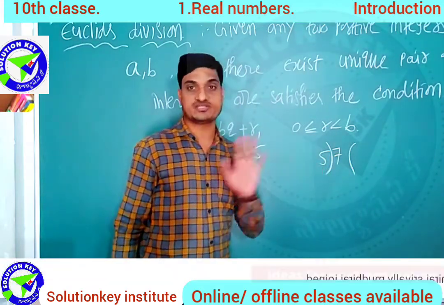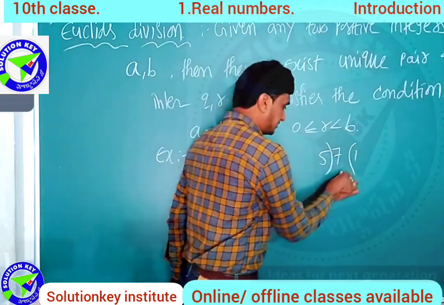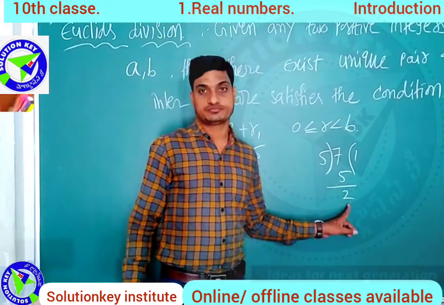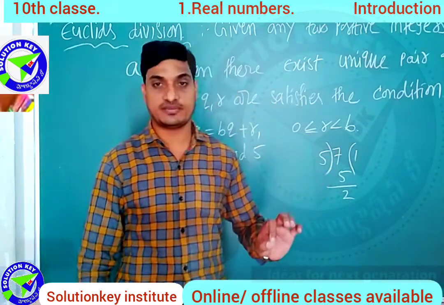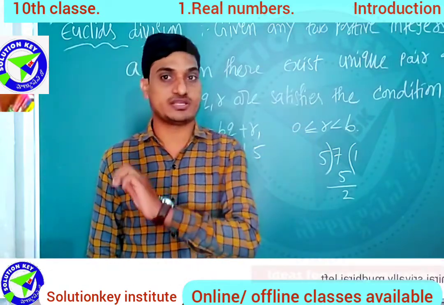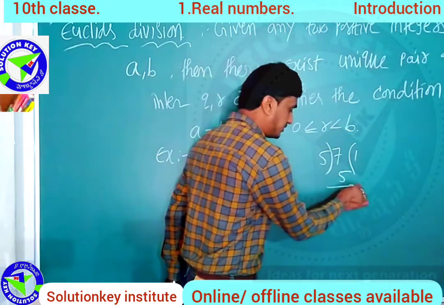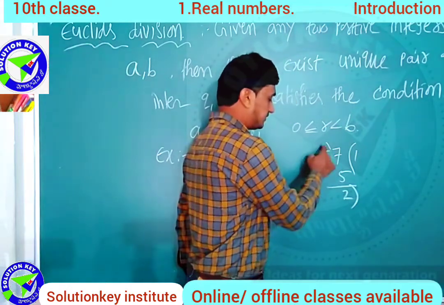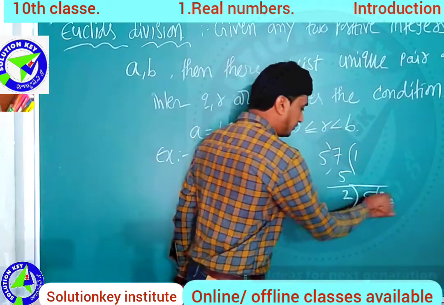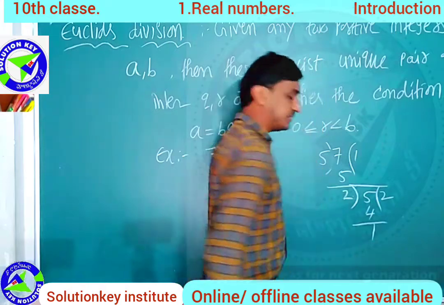After 5 ones are 5, you get the remainder 2. We continue until we get 0 remainder. So you are getting 2. Now you take this 5 here. Again continuation: 2 5 2 2 4. You are getting the remainder 1.